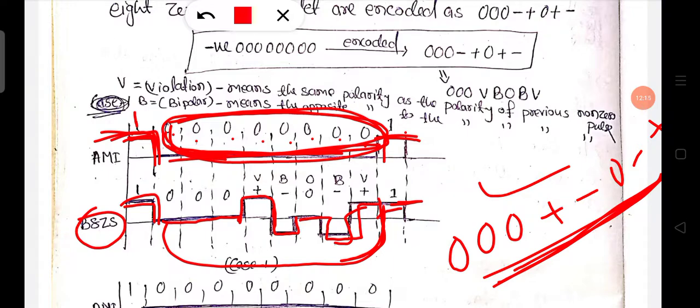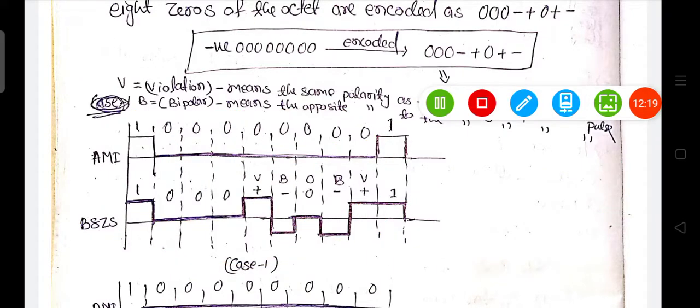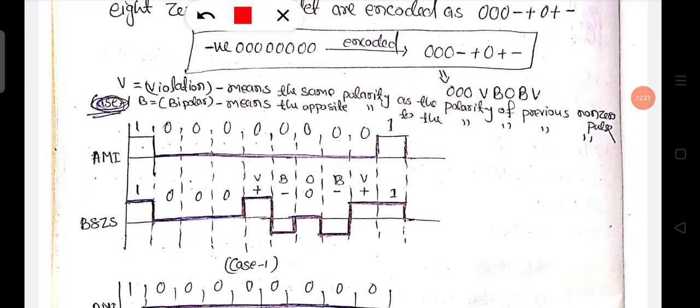Now let's see what is V and B. Here this is V, this is B, this is B, and this is V. I told you V means the same polarity as the previous non-zero pulse.